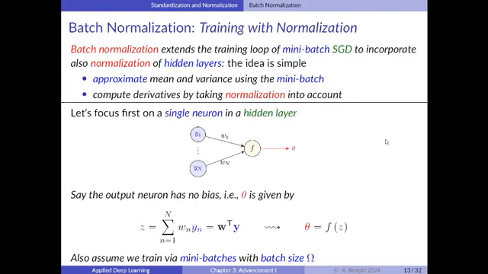Okay, I want to talk about batch normalization. This is very important. It extends the training loop of mini-batch SGD, so we can use normalization of hidden layers. We want to approximate the mean and variance using the mini-batch, and we want to calculate derivatives by considering the normalization.